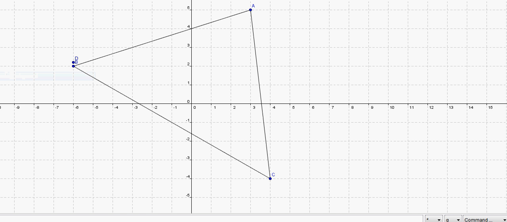Okay, so we said it's going to go 5 down, 3 across. 1, 2, 3, 4, 5, and 3 across. So 1, 2, 3, 4, 5, 3 across. It's going to get me 5 down, 3 across. It's going to get me 9, minus 3.